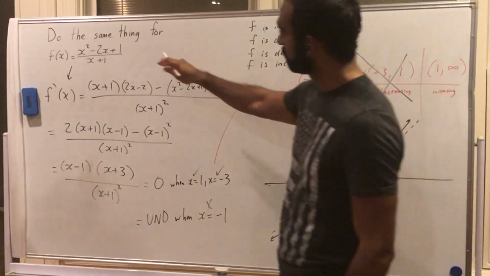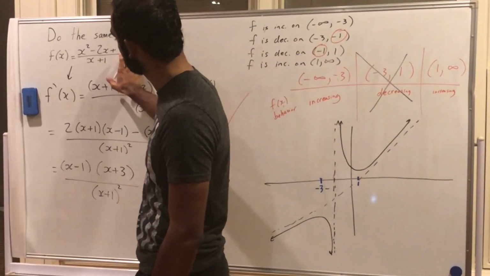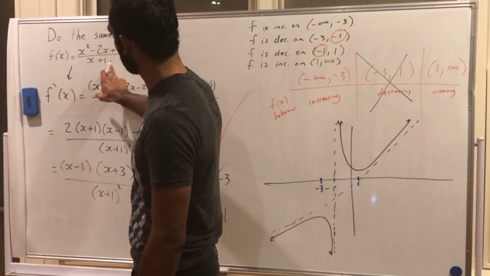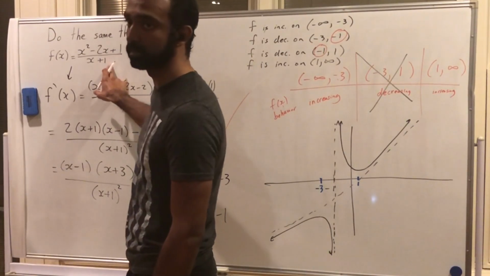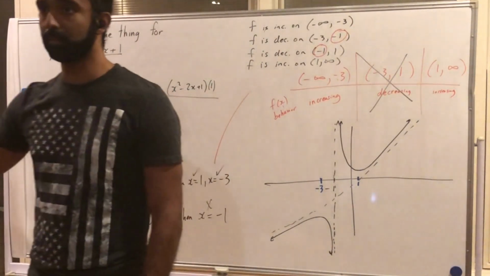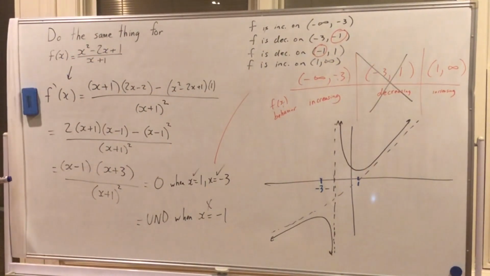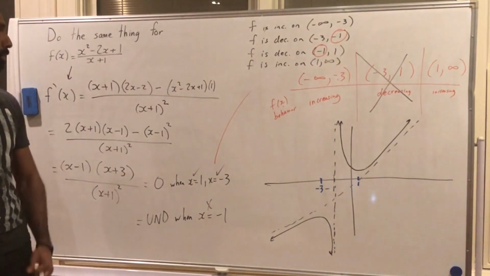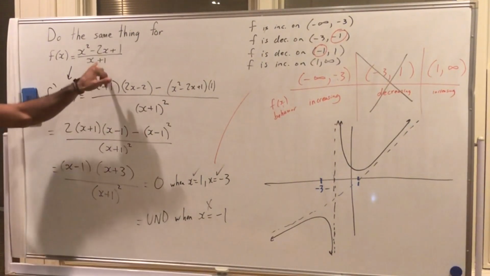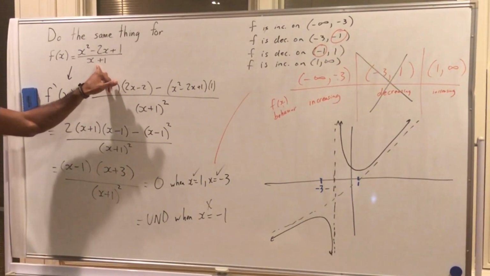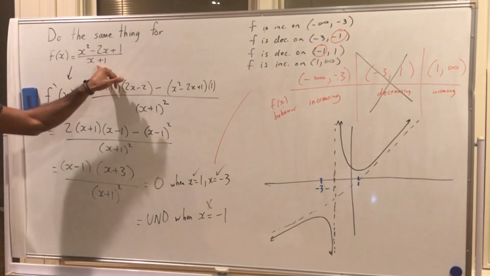Anytime you see a rational function, bear in mind and see if there are any vertical asymptotes, because you'll have to incorporate them in your graphical analysis. So even though vertical asymptotes are not critical numbers, they're still necessary to find. Yes, exactly. You need critical numbers and you need the vertical asymptotes. Remember, x equals negative 1 was not a critical number because it made the original undefined, and that's no good given our definition of what a critical number is.